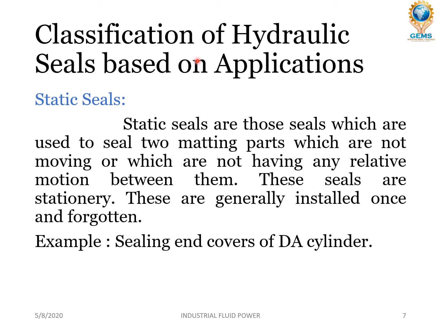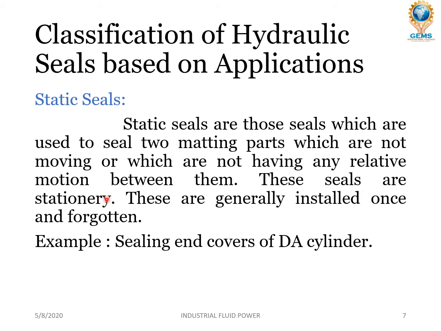Now we are going to study the classification of hydraulic seals based on applications. Hydraulic seals are classified into two types: static seals and dynamic seals. What are static seals? Static seals are those seals which are used to seal two mating parts which are not moving, or which do not have any relative motion between them.